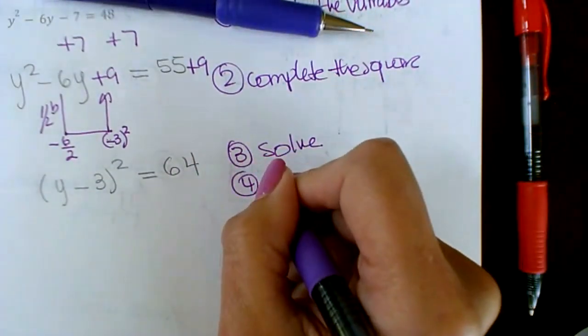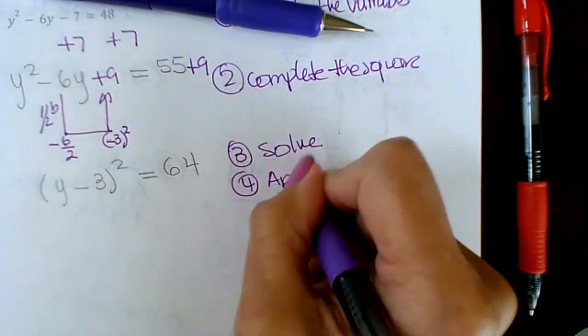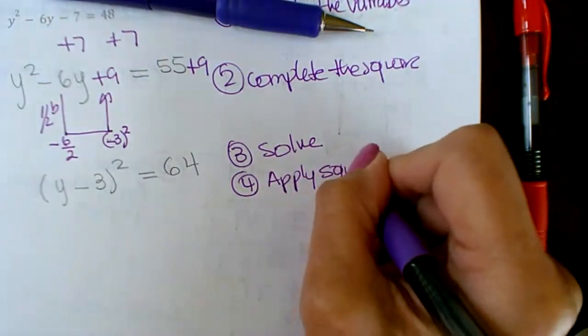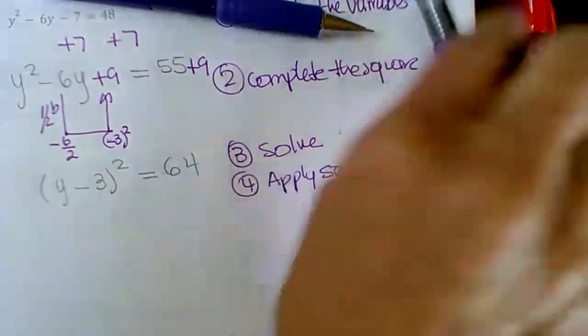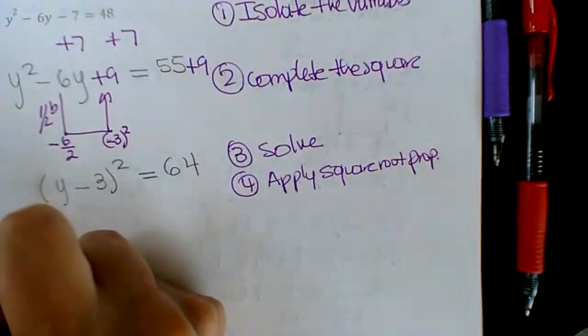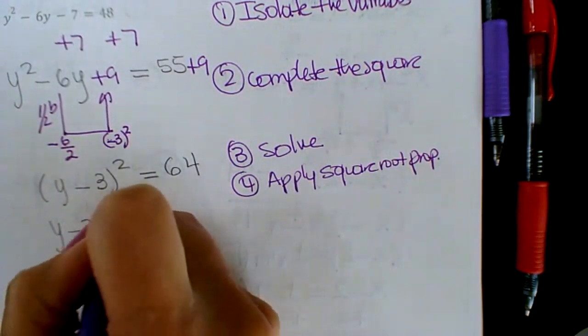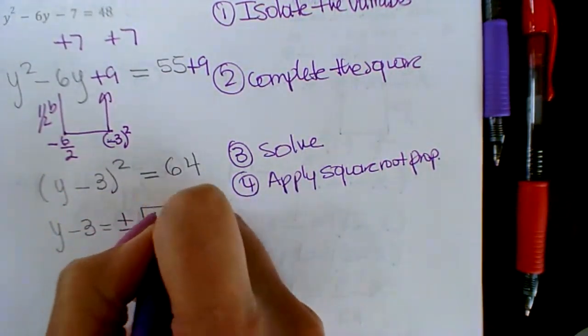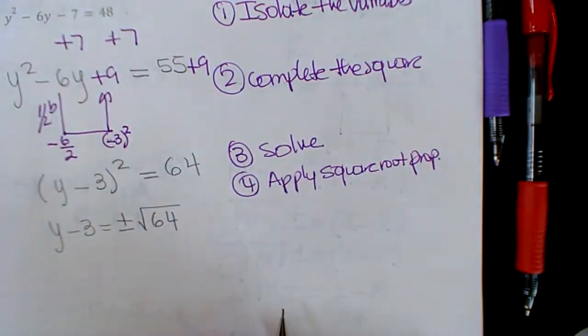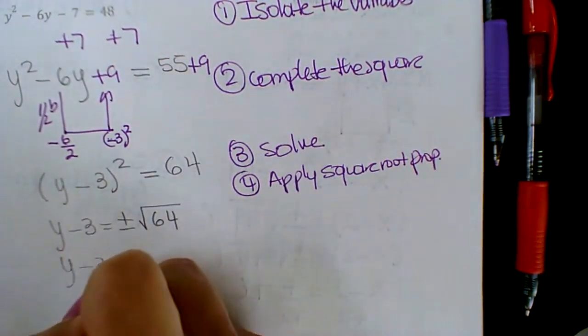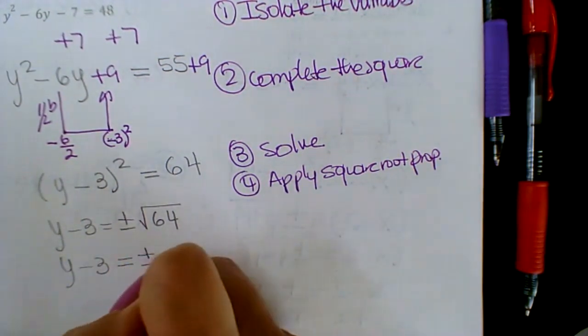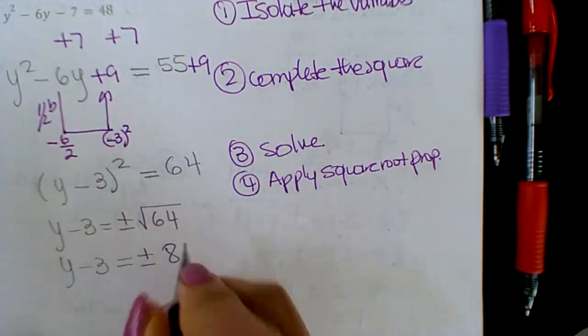So I'm going to apply the square root property. So this is going to be equal to plus or minus the square root of 64, which is 8.